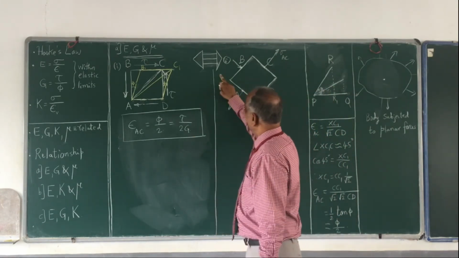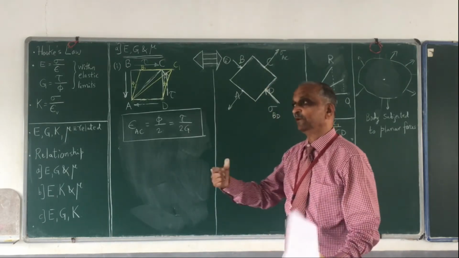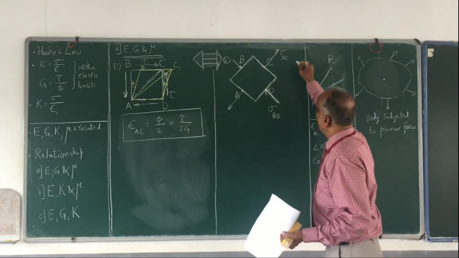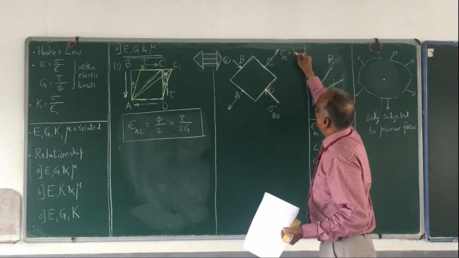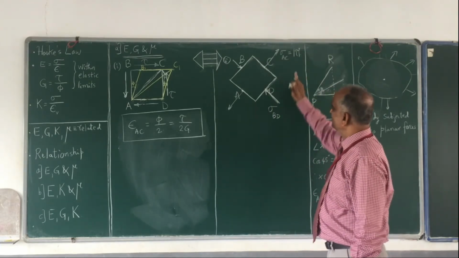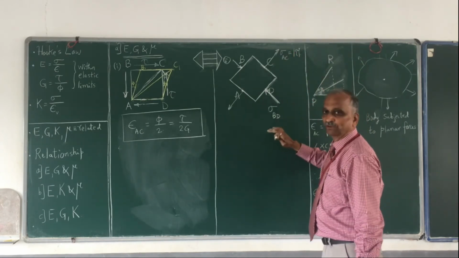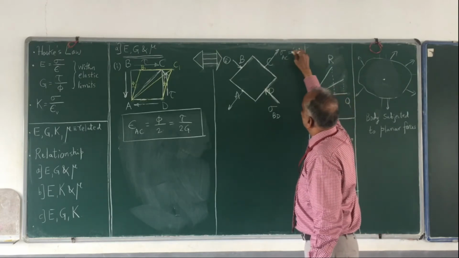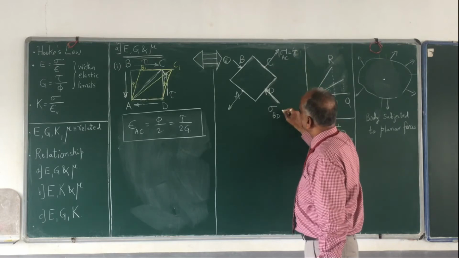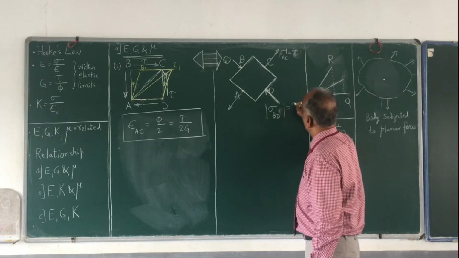And one more thing, I can easily prove it, and that requires the help of module number 2, which I am going to learn. I can show that sigma AC has the same magnitude as tau. Please remember, the magnitude of sigma AC is same as that of tau. Let me write down here: this is equal to tau, and this sigma BD, the magnitude, is also equal to tau.